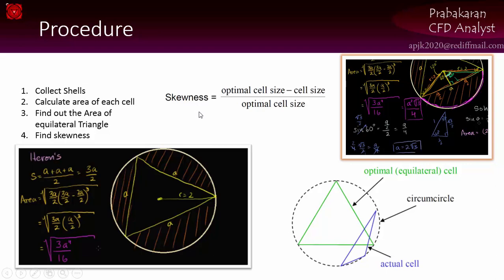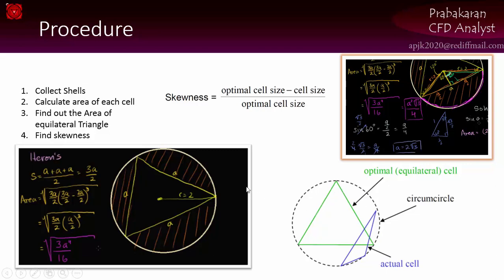Whatever I explained is for Fluent. Okay, so this is the explanation which you need to understand about skewness. So for each element, ANSA calculates these things and reports to us.